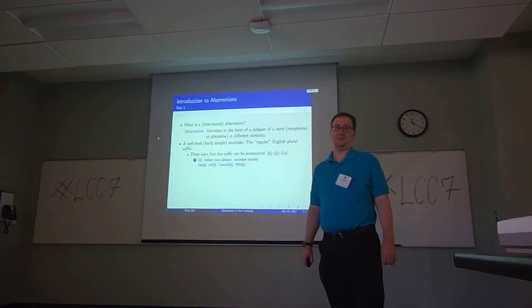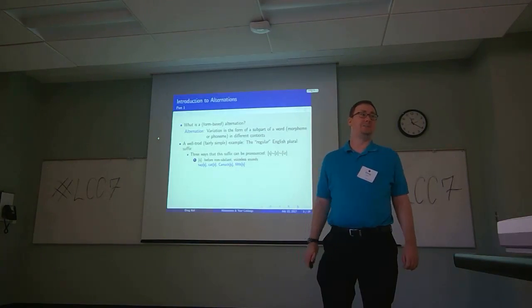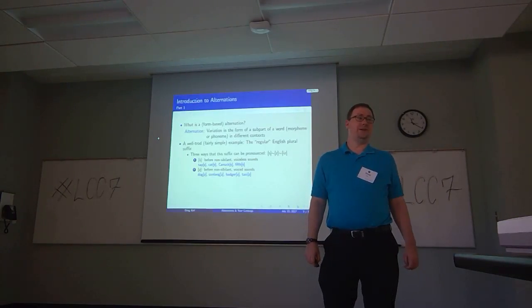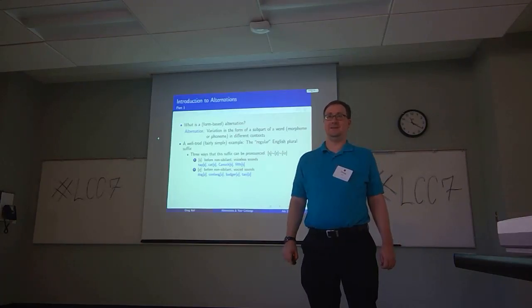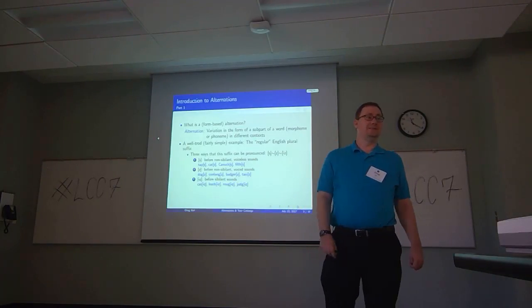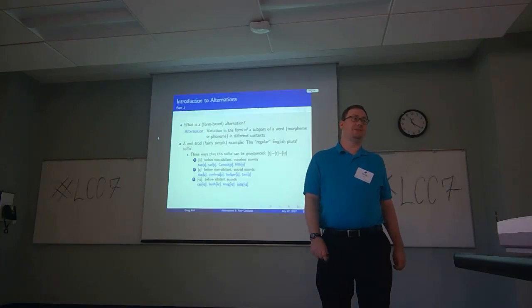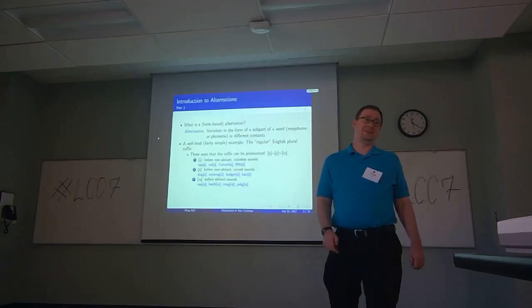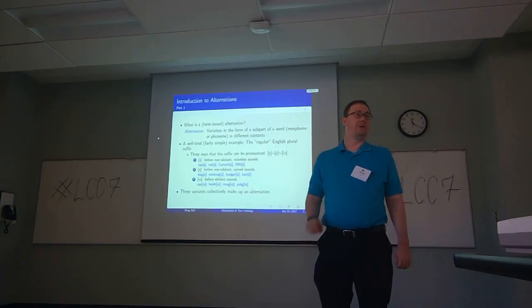You get z before non-sibilant voiced sounds, as in conlangs and badgers, and you get iz before sibilant sounds, such as in cases and leashes and judges. And these variants together make up an alternation.